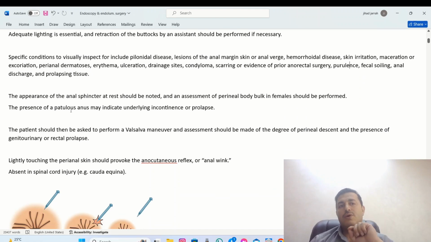The appearance of the sphincter at rest should also be noted.